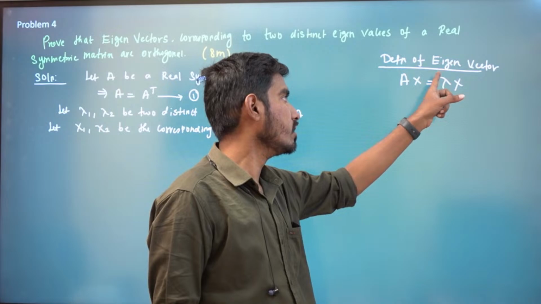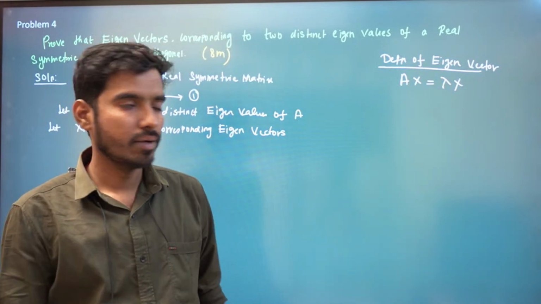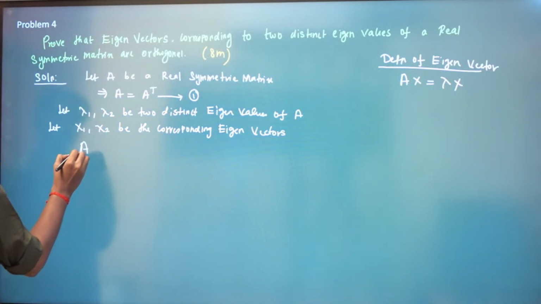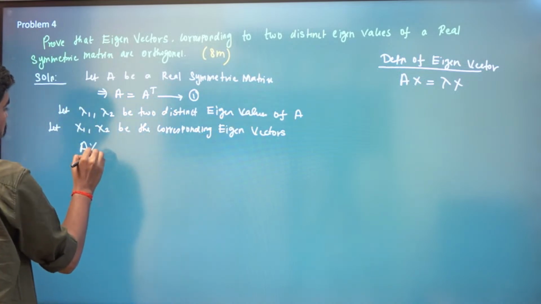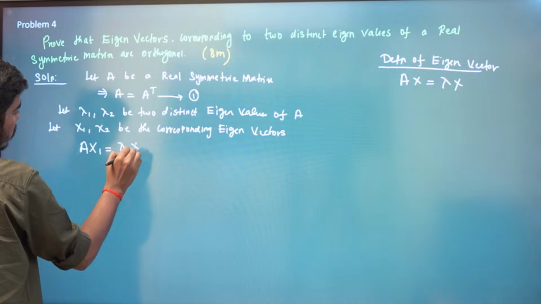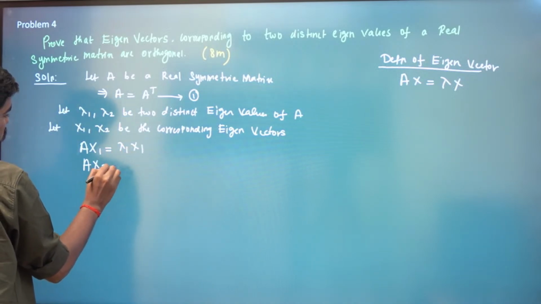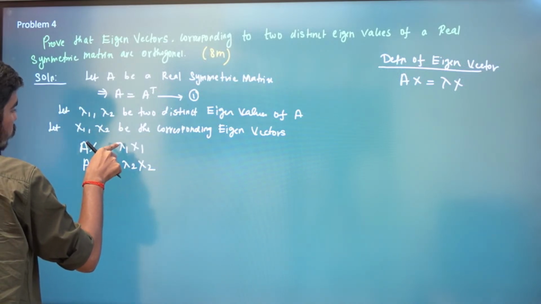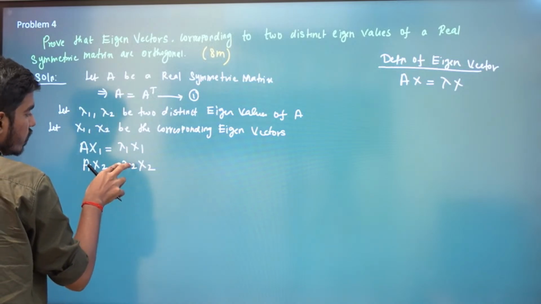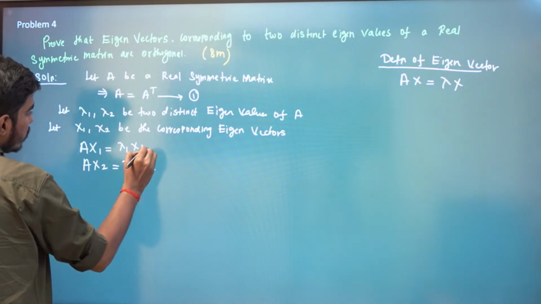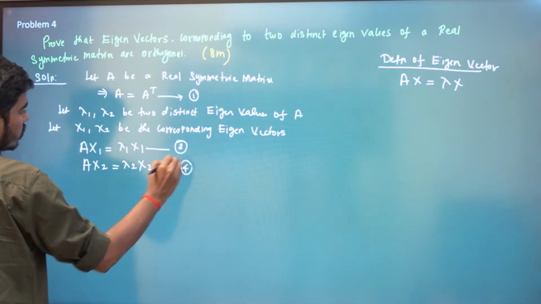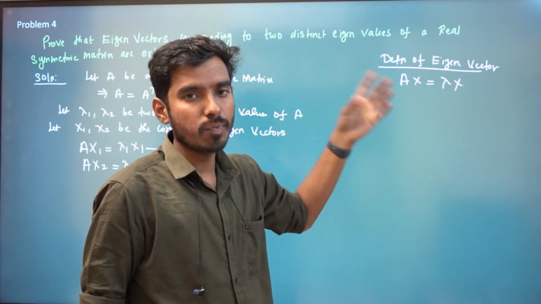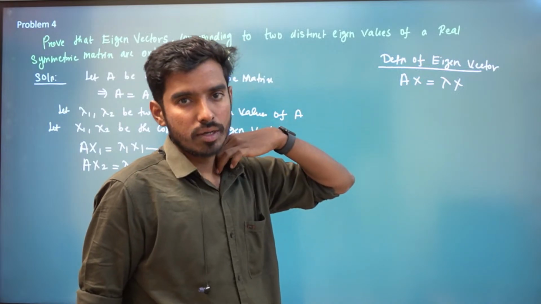So here you just apply Ax1 is equal to lambda 1 x1, and then Ax2 is equal to lambda 2 x2. For eigenvalue lambda 1, x1 is our eigenvector, and for eigenvalue lambda 2, x2 is our corresponding eigenvector.